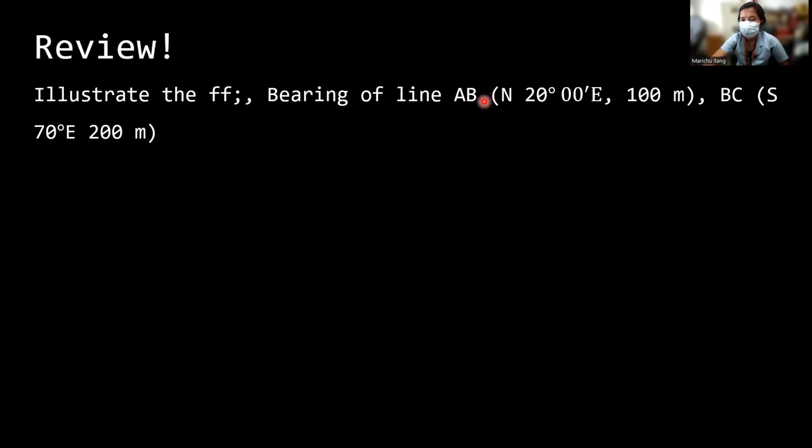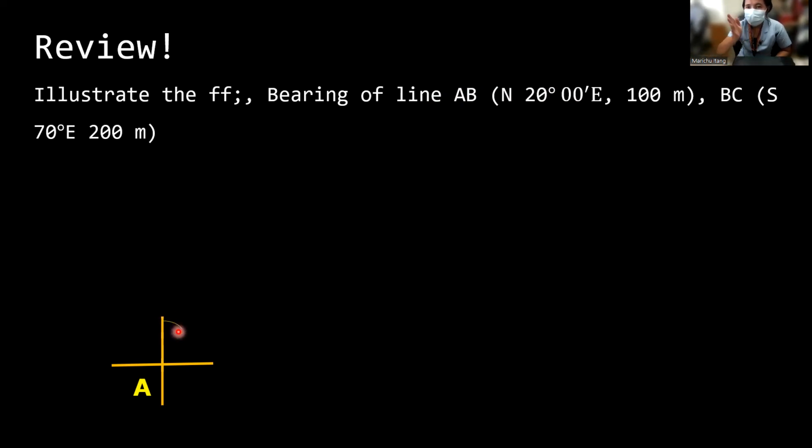okay, let's start with AB. If this is AB, its bearing is 20 degrees northeast. So northeast, in the first quadrant. Let's draw. Let's say this is point A, our first point or reference point. And then we are going to draw, we just draw here northeast 20 degrees.